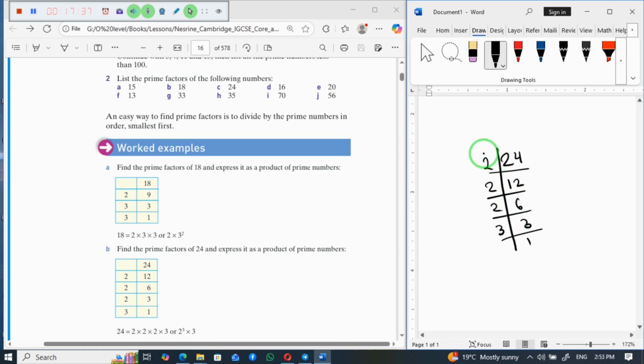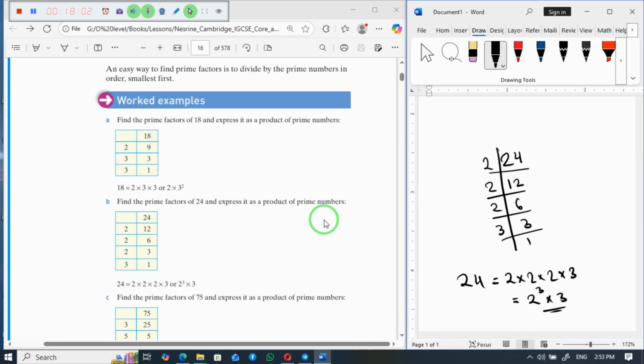These numbers are the prime factors of 24. We can write 24 as 2 times 2 times 2 times 3, and also as an exponent, 2 raised to the power of 3 multiplied by 3. This is the prime factorization of 24.